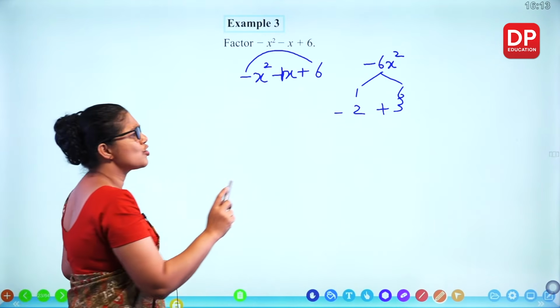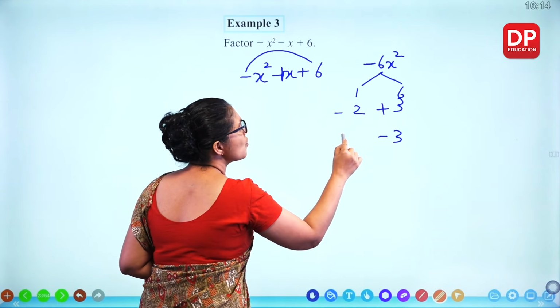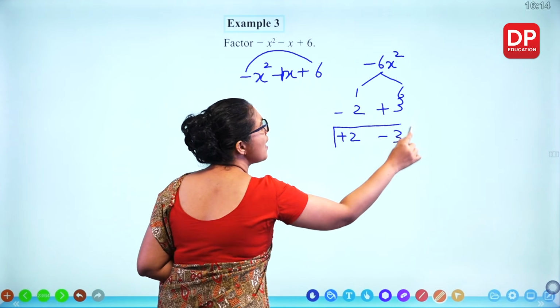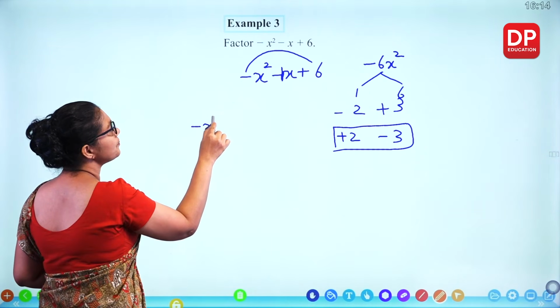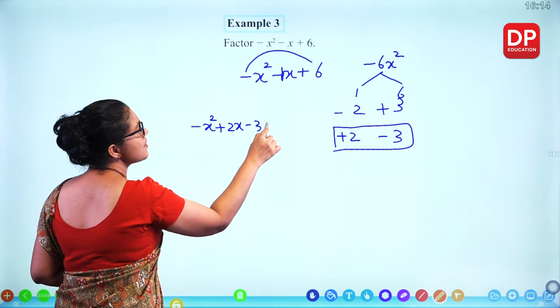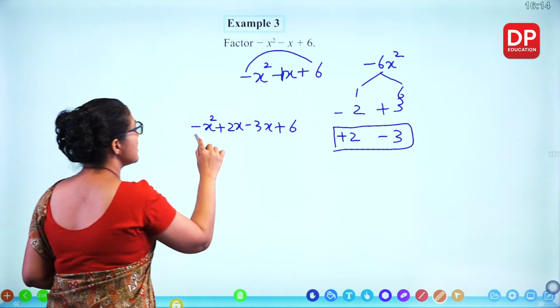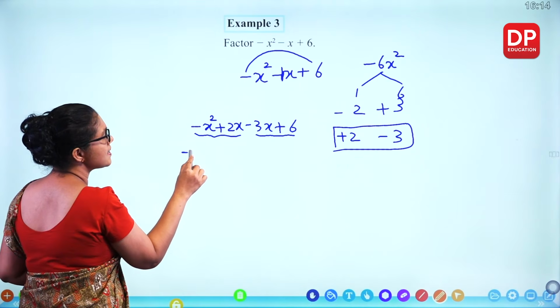So which one should we take? The large number should be negative. So I can take plus 2 and minus 3. So I can split this into plus 2x minus 3x plus 6. Take 2 at a time. I can take minus x out.